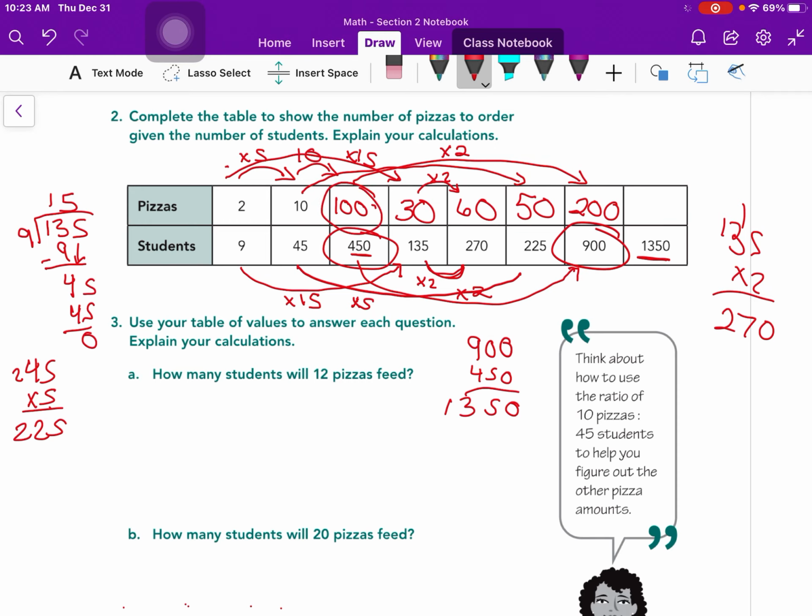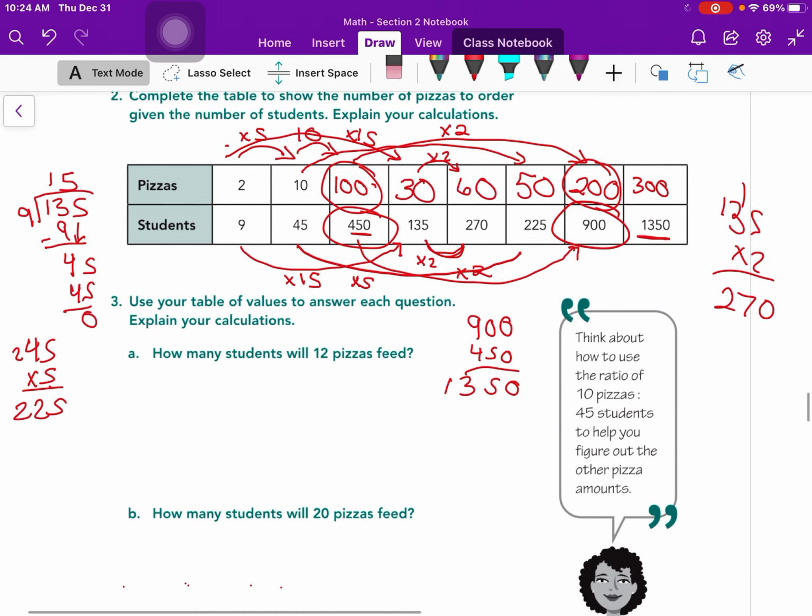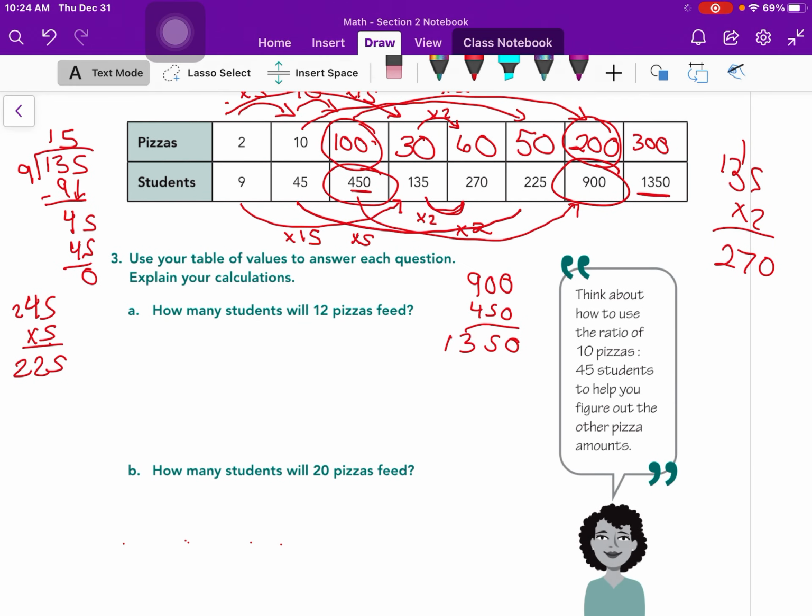Oh, bingo. So that means if I add this amount of pizzas plus this amount of pizzas, gives me a total of 300 pizzas for 1350 students. Okay, not bad. It takes us some try and check, and some reasoning to think about this, but we were able to get our table complete. So let's answer our questions now.